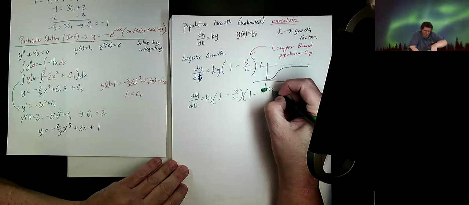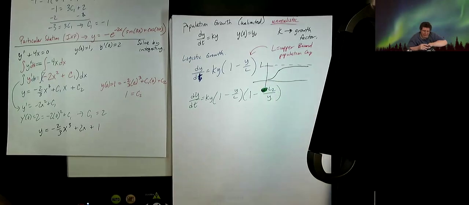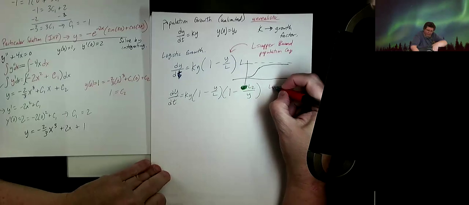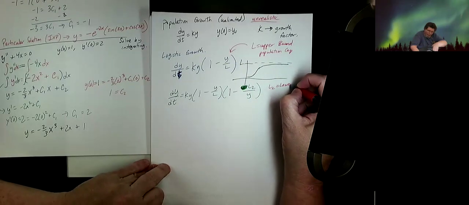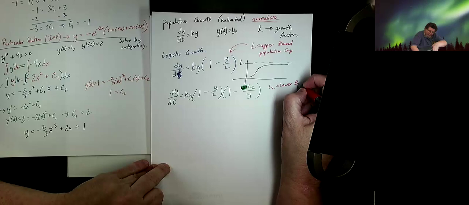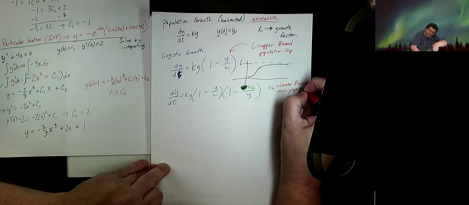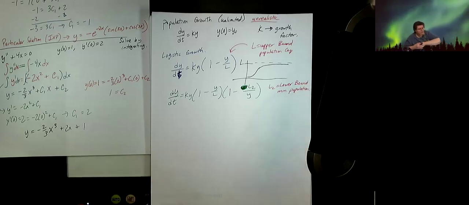Let's go L2 over y. L2 here is a lower bound or minimum population. And if you do enough of this, you'll see these all have exponential solutions.